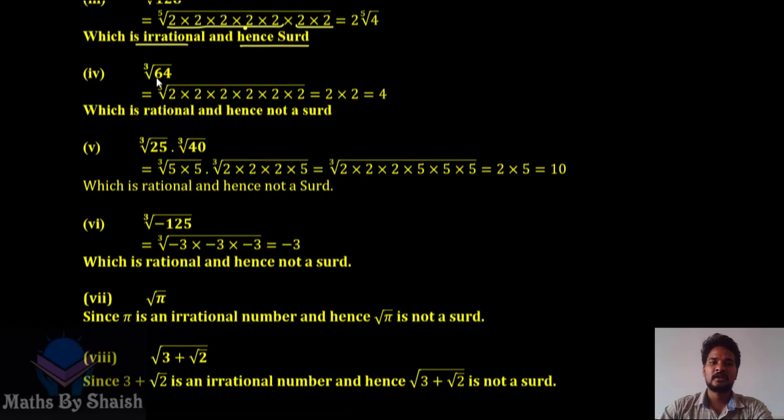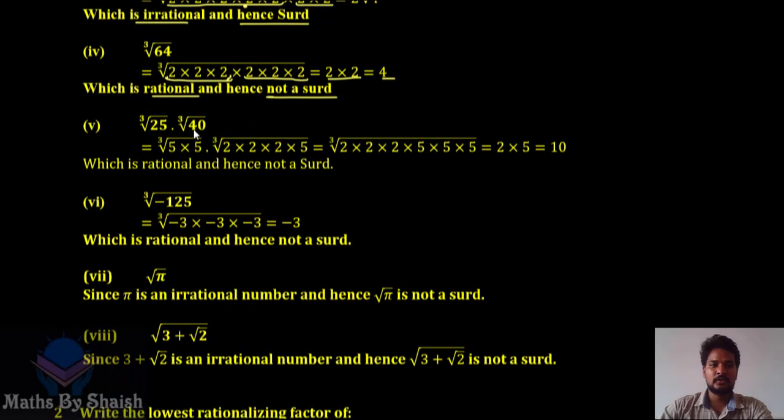Next is the cube root of 64, 2 into 2 into 2, and again 2 into 2 into 2. So we have 2 as a pair of 3, like a multiple of 3. So we can take it out and we will get 2 into 2, that is 4, which is rational and hence not a surd.